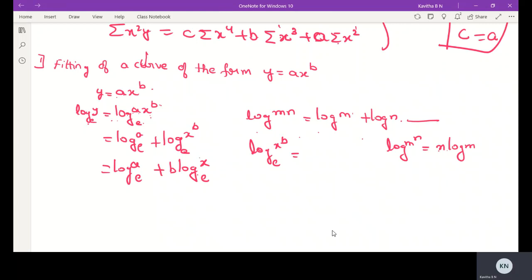Then next, log y base e. Here what we have to do is take capital Y is equal to log y base e.